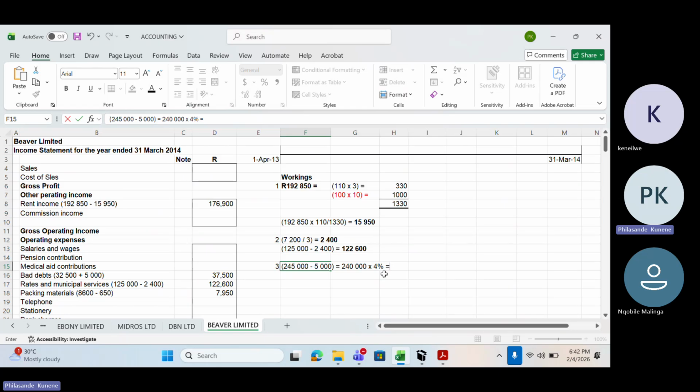So if I say 240,000 multiplied by 4%, how much am I getting? 9,600 rands. So which means now I'm adjusting the provision for bad debt to 9,600 rands.